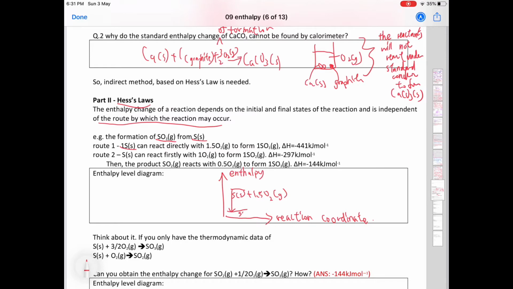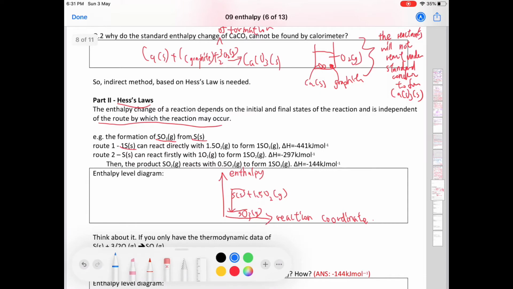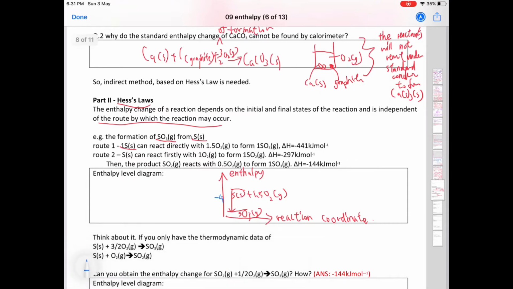And here is the product stage. You had better name the enthalpy change next to the arrow. It should be negative 441 kJ per mole. And this is route 1.